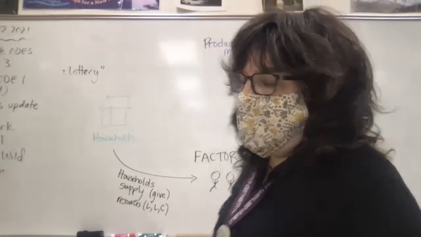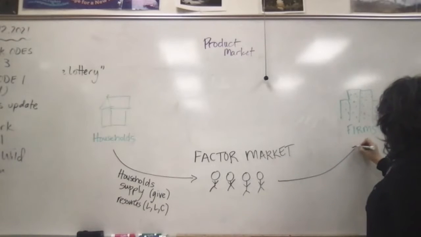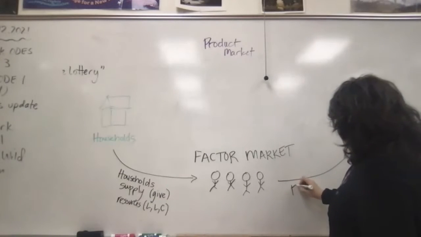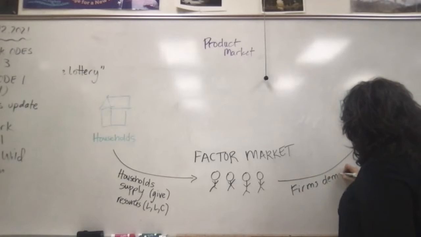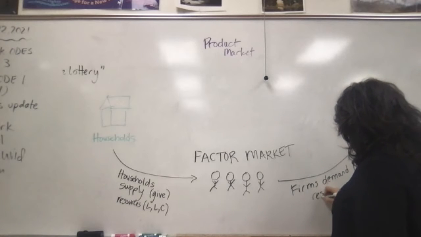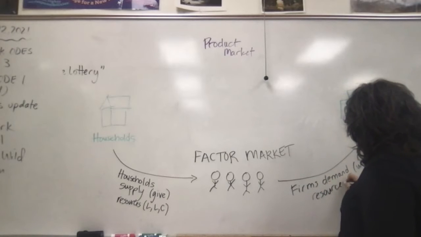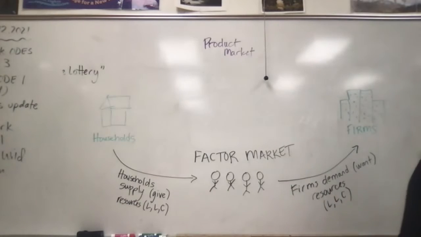All right. Firms demand or want resources. I use these terms supply and demand because we're going to start talking about supply and demand pretty soon, and that's a big econ thing.